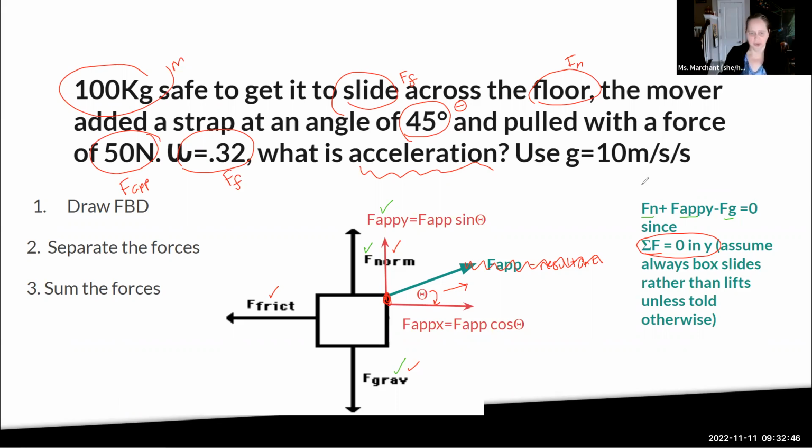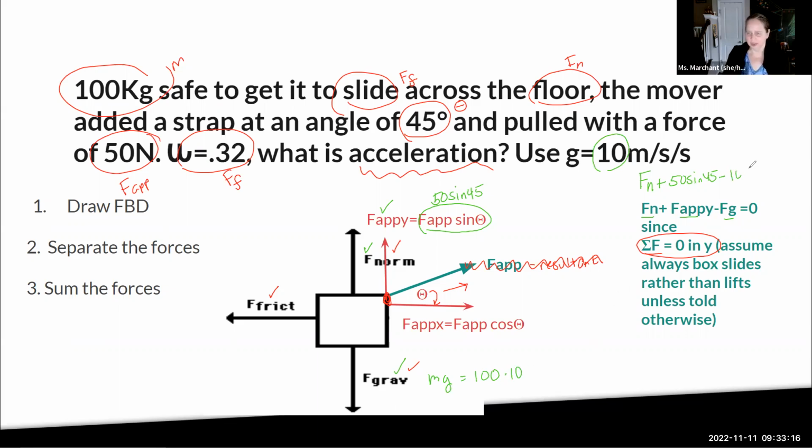Do we know the force of normal? We do not. The force applied in the Y is force applied sine theta. Force applied is 50 sine 45. So 50 sine 45 minus the force of gravity. The force of gravity is mass times gravity. Mass is 100, and they told us to use the gravitational acceleration as 10.